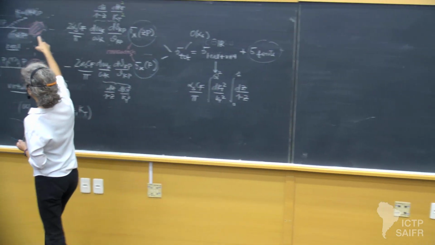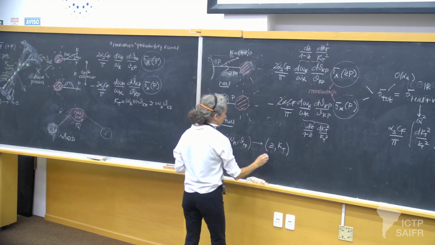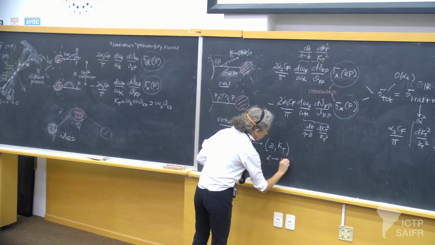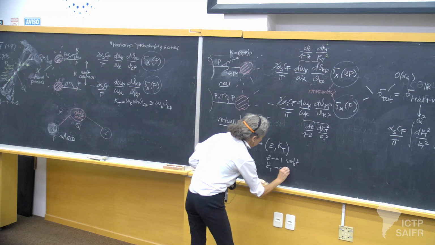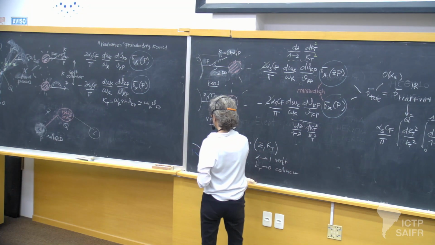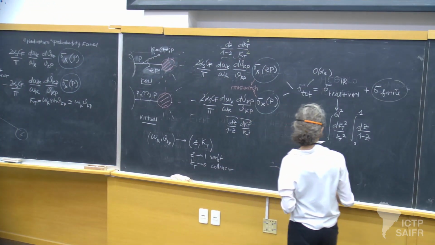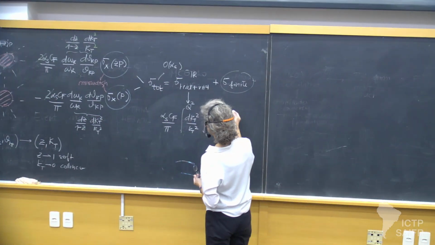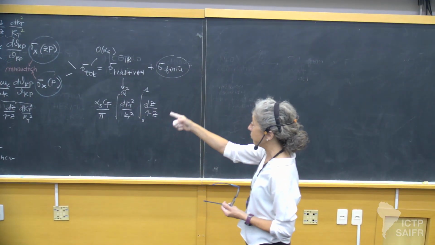You see that the z going to 1 limit in our variable is the soft limit, as well as kt going to 0 is the collinear limit, just to say how omega going to 0 and theta going to 0 map into the new variables. And here you would have the difference between the two cross sections that we have written there.